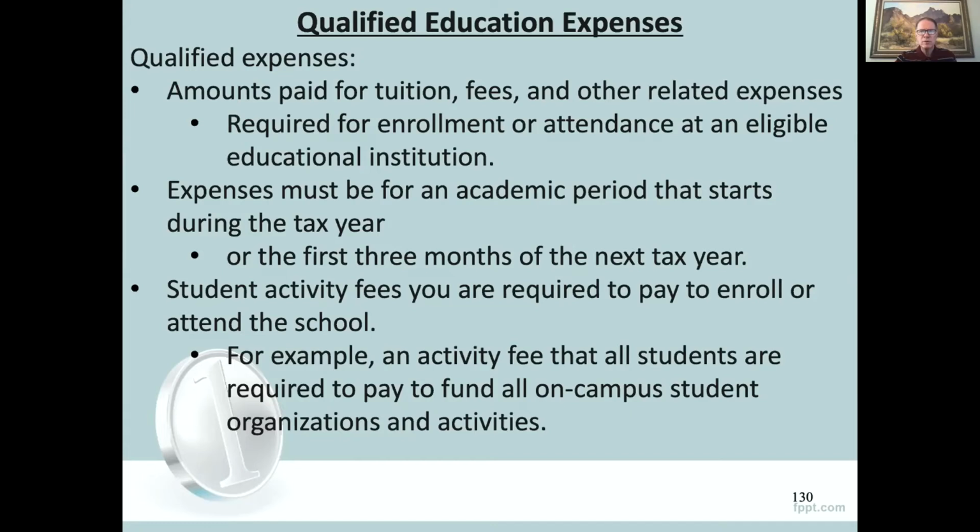First bullet, that's pretty well covered. Second one, you could pay in December of 2021 for January, February, and March of 2022. You could pay your tuition and fees for college next semester in December, and they would be counted in your 2021 tax year.